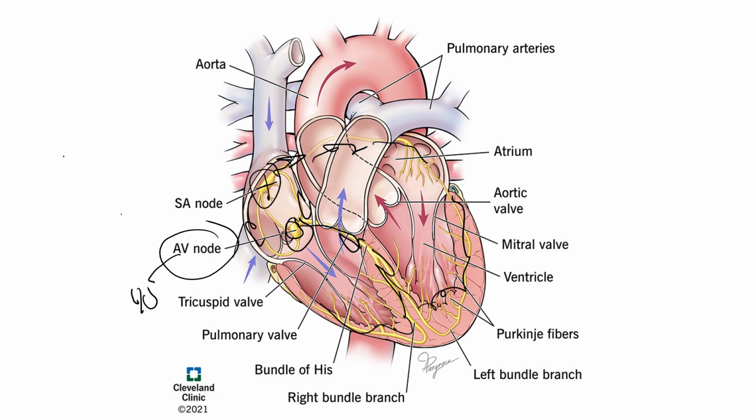So if the SA node were to completely stop operating, then the AV node would start getting to threshold on its own. Why would it get to threshold on its own? Well, because the SA node fibers would no longer be generating action potentials, and those action potentials would no longer be propagating through the atrial fibers. So that action potential wouldn't move from the atrial fiber into the atrioventricular fiber and cause it to get to threshold, right?